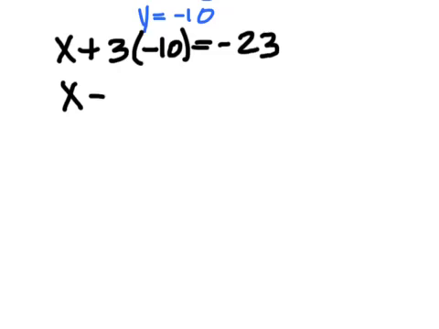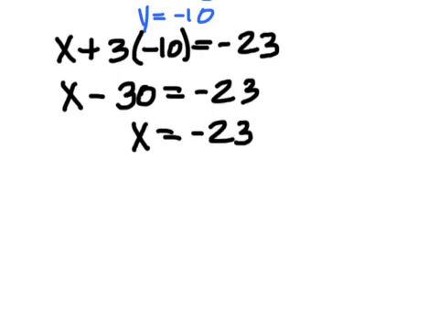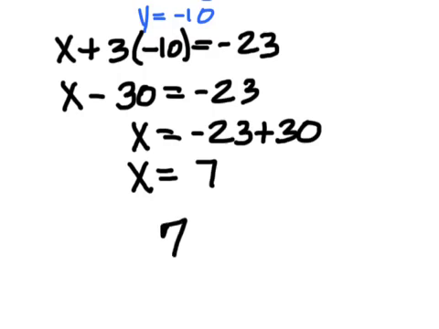So that's x minus 30 equals a -23. Move the minus 30 to the right, make it plus 30. So that's going to give me a 7. How do I write my final answer? Seven, -10, yes.